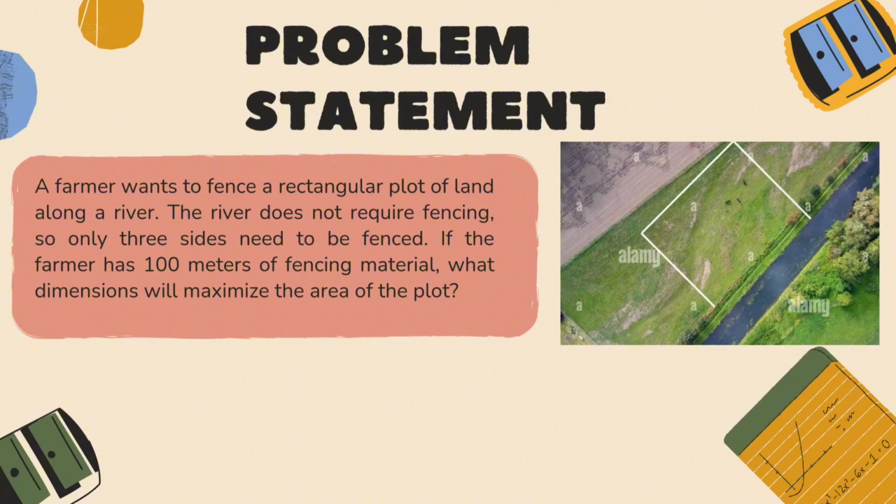The challenge is to determine the dimensions of the rectangular plot that will maximize its area using the given amount of fencing. This scenario highlights the practical application of mathematical models in problem solving. So, let's find a solution for this question.